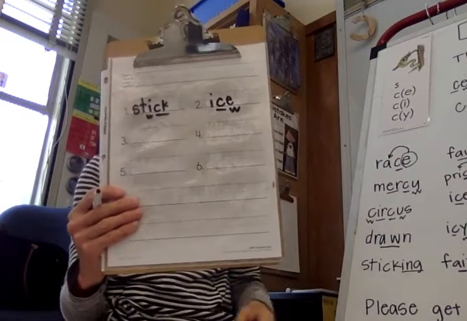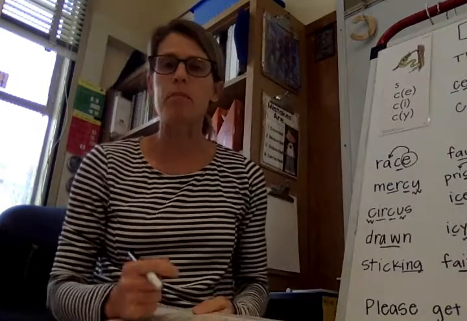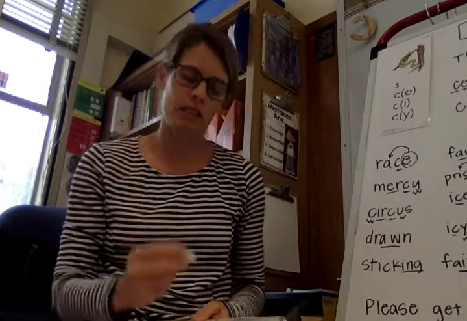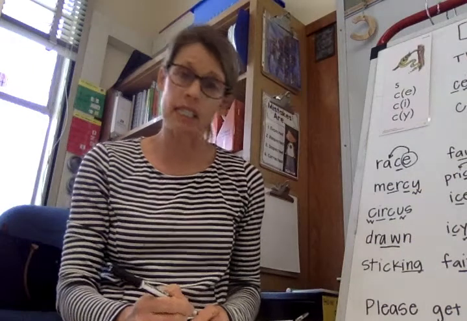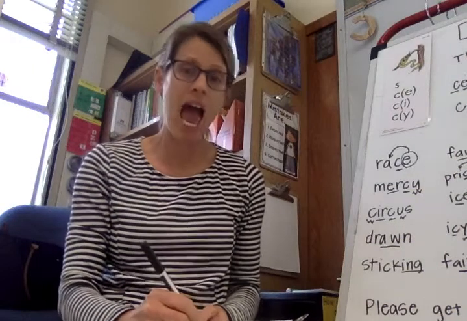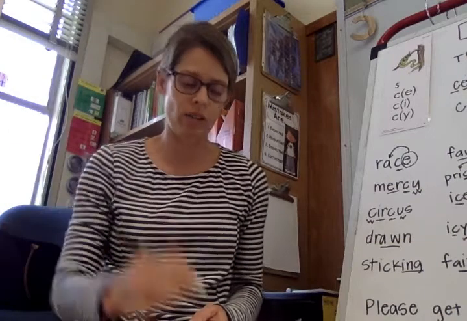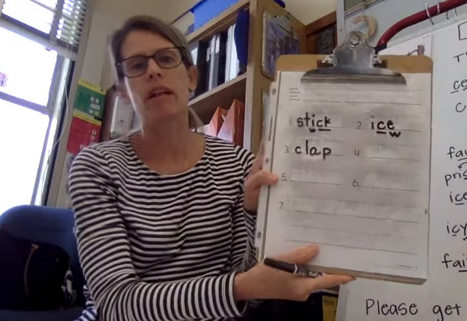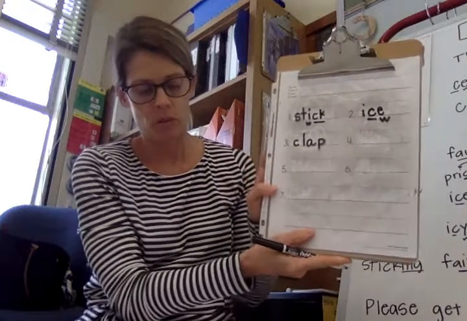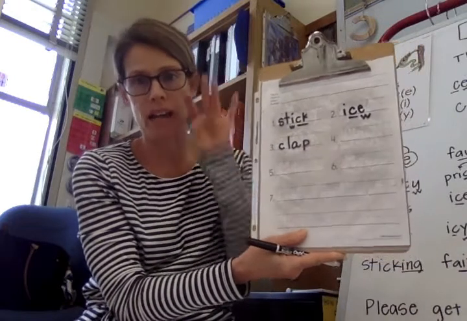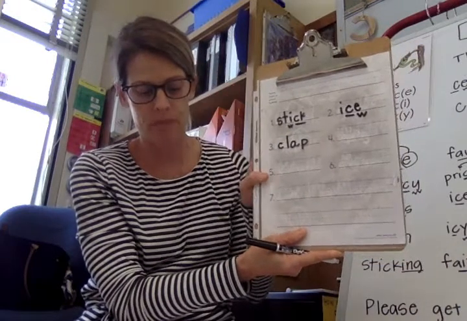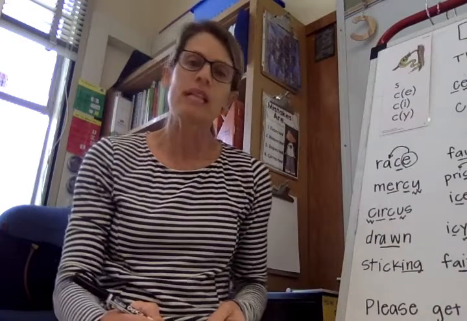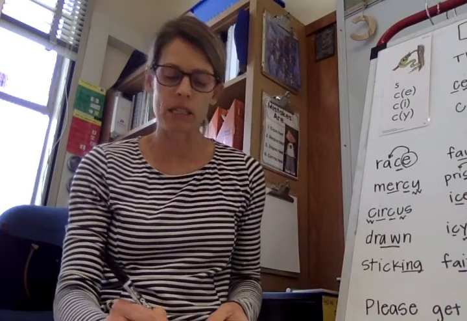Okay, our next word, clap. K. It's going to be a C, K, L, A, short A over here, A, clap. We will clap our hands after the performance. Clap. Okay. Number 4, sleep.